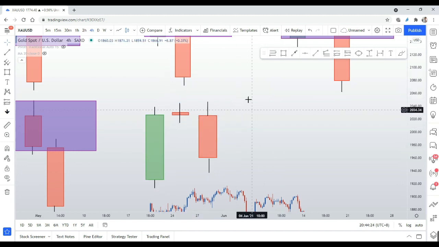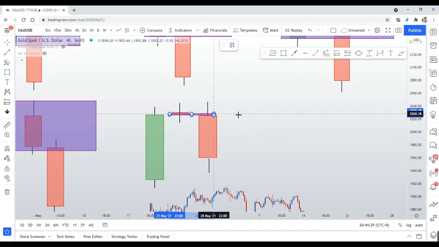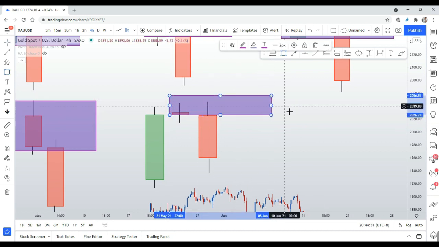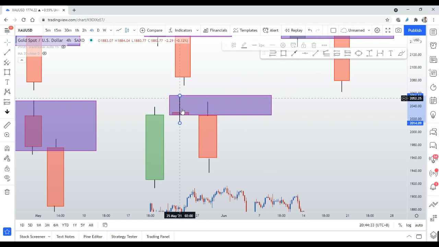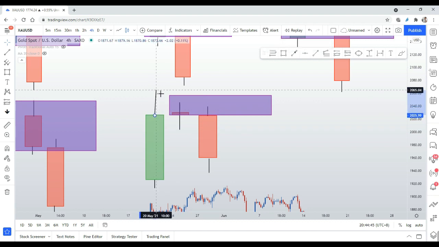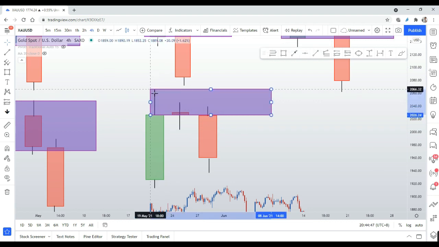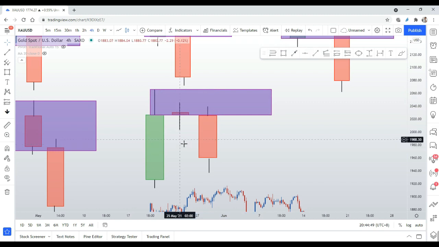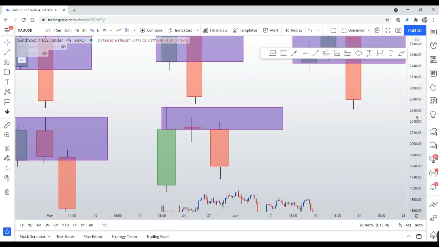So how I categorize the zone over here is from the open to the highest point. If this is the highest point, then it is. If this is the highest point, then it will be like this. And if this is the highest point, then it will be like this. So simple, very, very simple. This is how I categorize my supply zone. So let me zoom out a bit.